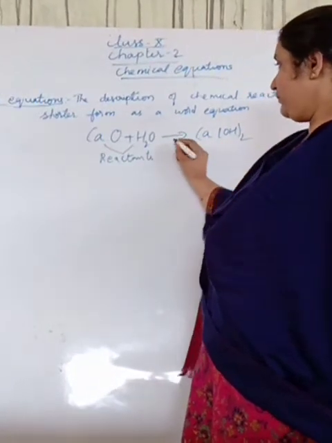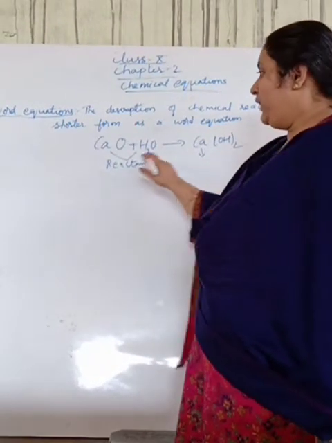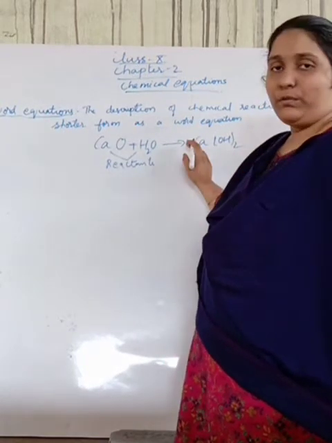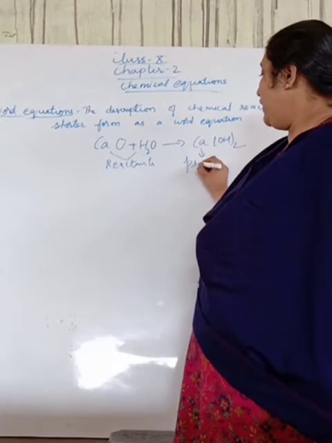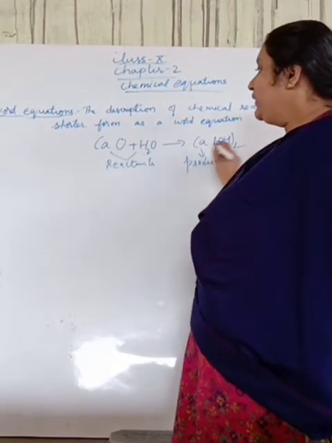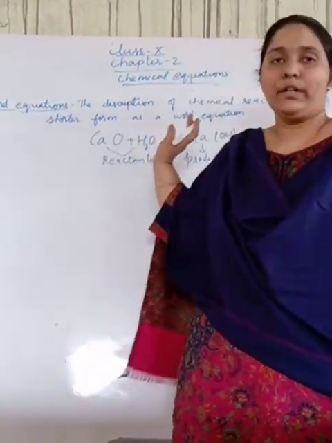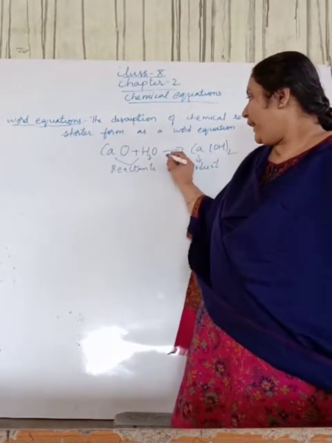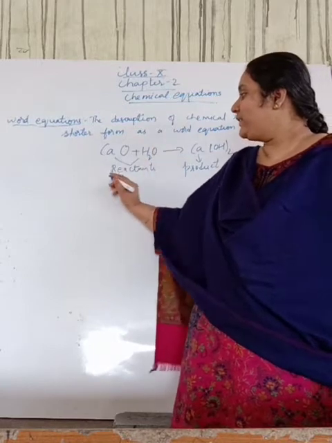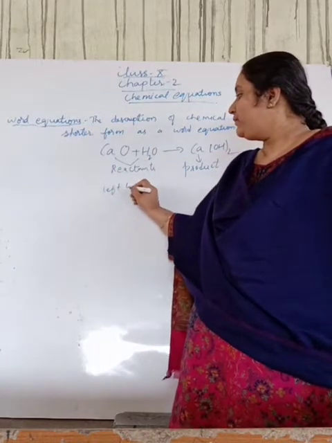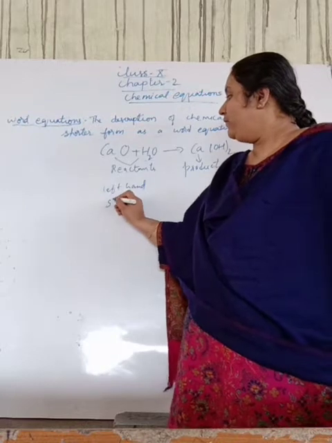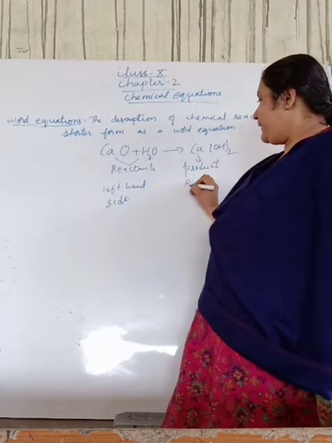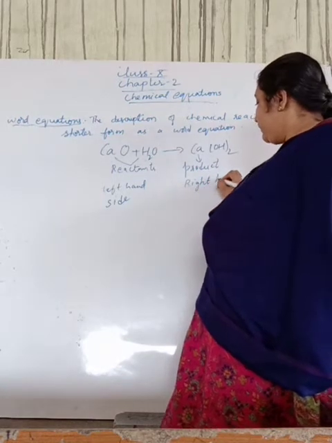And whenever we combine these two, a new substance is formed. This new substance is called the product. This reactant and product we separate by an arrow. The arrow's left-hand side is reactant and the arrow's right-hand side is product.